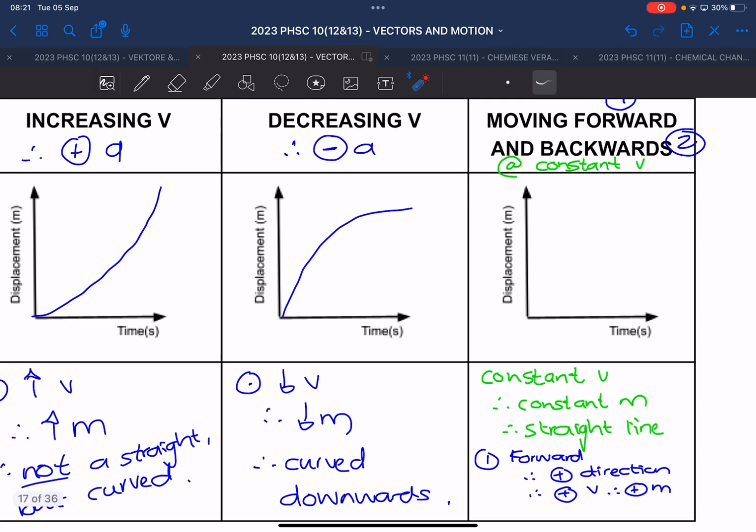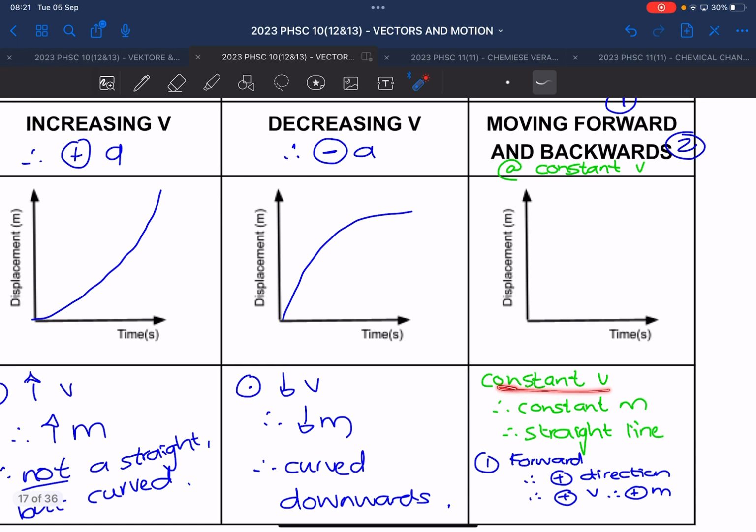First of all, constant velocity means it must be a constant gradient, straight line. So straight like this, or this, or this. Forward means in the positive direction, or it means you must have positive velocity, because negative velocity means in the negative direction. So positive velocity means a positive gradient. What will that look like, Arabello? Straight line, positive gradient.